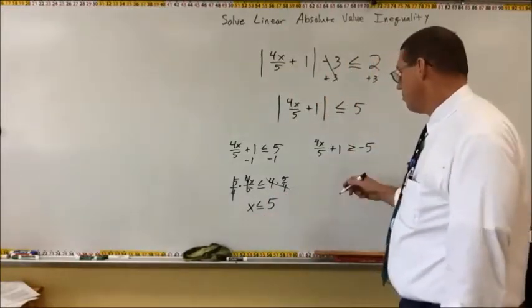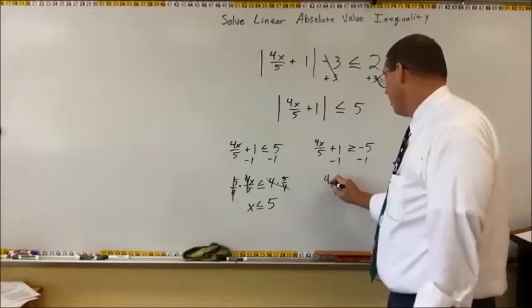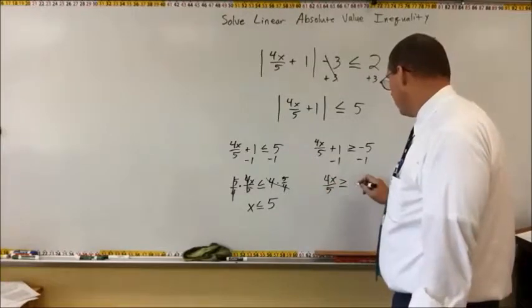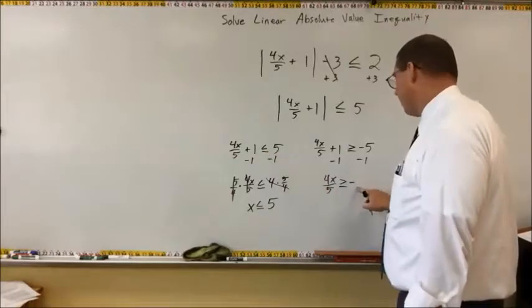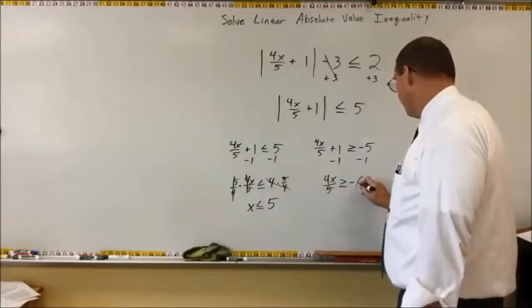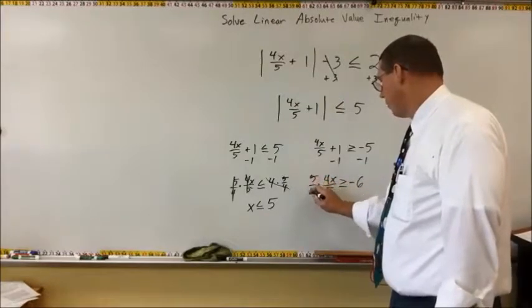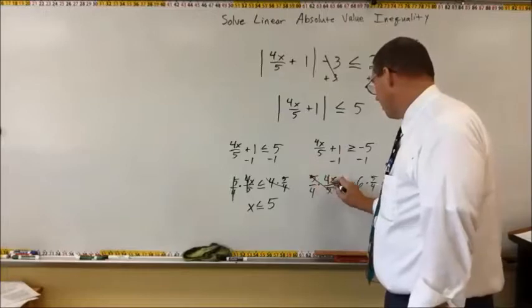On this side, we're just going to follow the same procedure pretty much. We're going to subtract 1 from both sides, only this time 4x over 5 is greater than or equal to, instead of less than or equal to, and instead of 4, it's going to be negative 6. Same thing, we're going to multiply by 5 over 4 to get rid of the 4/5. It's going to cancel these guys.